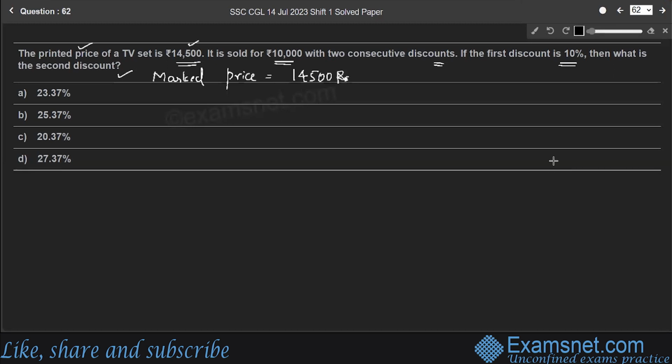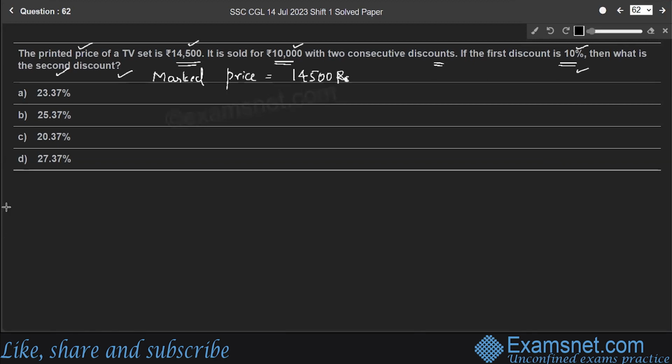So the first discount of 10% has been given on the market price, right? That means to sell that TV set, a discount of 10% has been given. Again, a second discount has been given on the second market price, which is nothing but the first selling price, right? So we'll take it one by one. After giving the second discount, the TV was sold for 10,000 rupees.